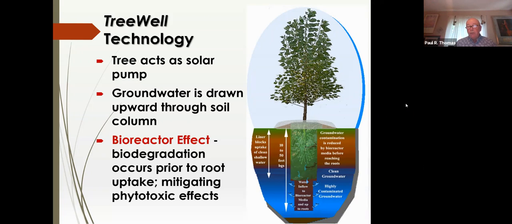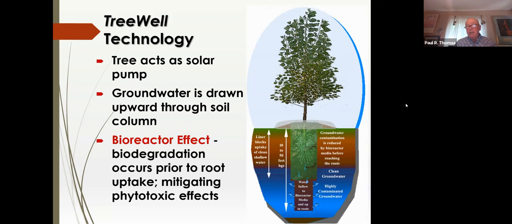When we do the backfill, we engineer the soil by controlling its texture and controlling its organic matter, and in some cases adding other types of treatment media to that backfill soil. Controlling the texture allows us to have control over how much capillary rise we get from the water table up into that soil column.